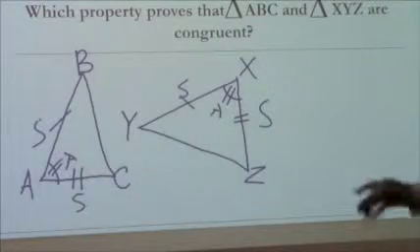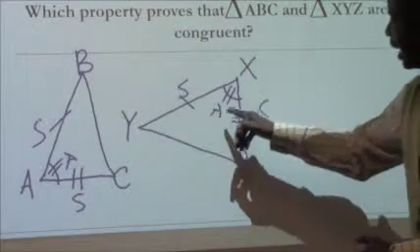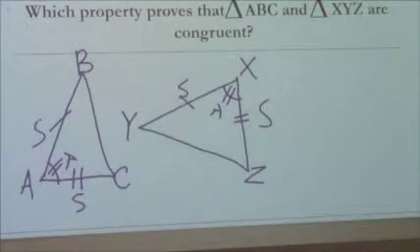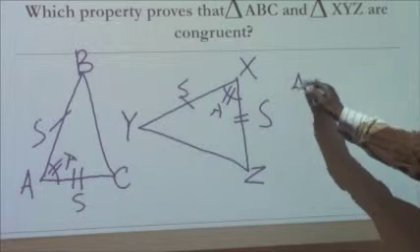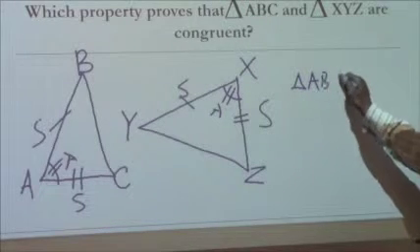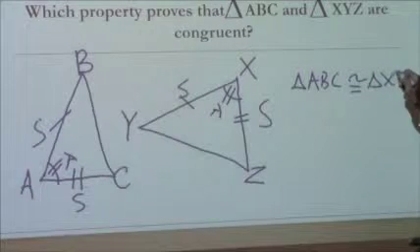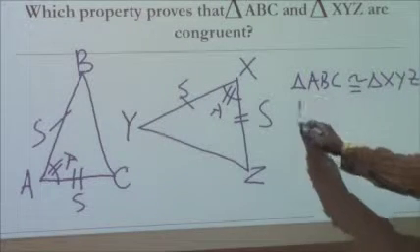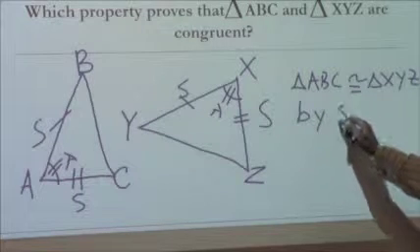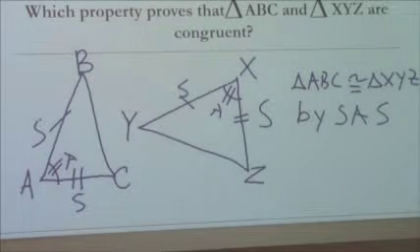So basically, by side, angle, side, I can show that triangle ABC is congruent to triangle XYZ by the side, angle, side postulate. Simple.